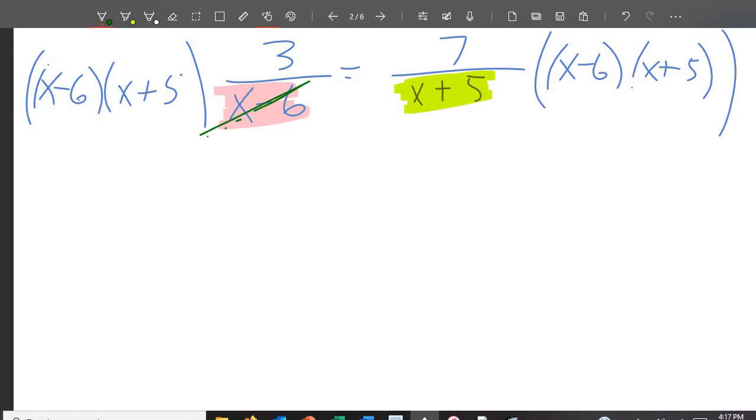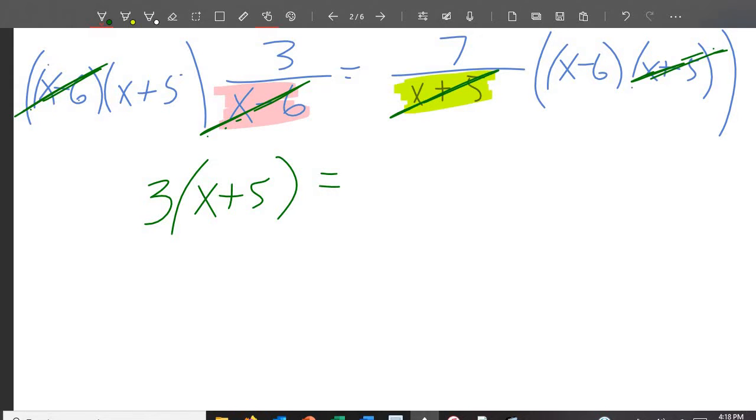This x minus 6 takes out this x minus 6 in the parentheses. What you're left with is the 3 and the x plus 5. On this side, the x plus 5 takes out the x plus 5 in the parentheses, and you're left with a 7 and an x minus 6.